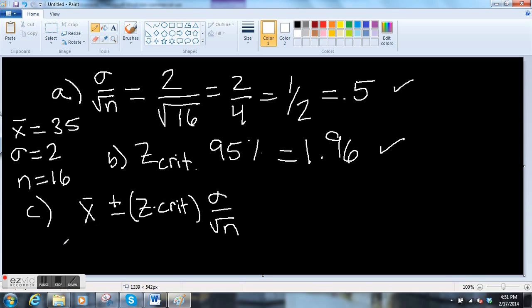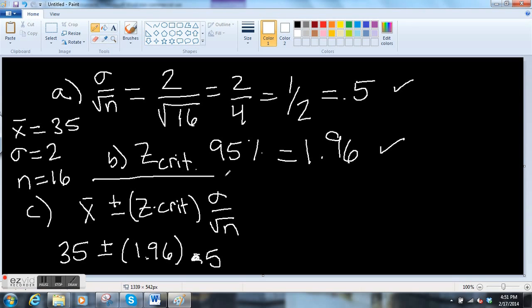So now we plug in. X bar is 35 plus or minus Z critical is 1.96, and sigma over the square root of n, we just found that out, was 0.5. So all of this, we're going to draw a little line here.